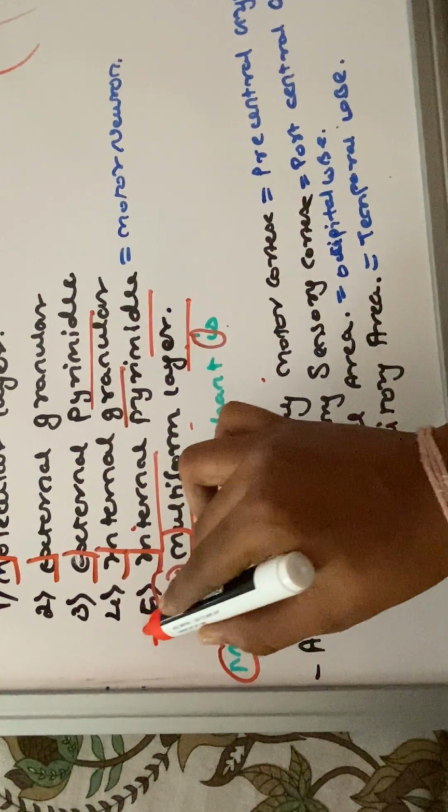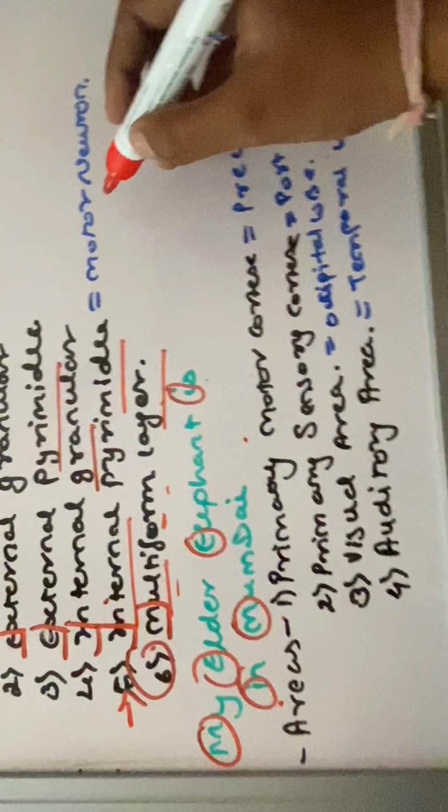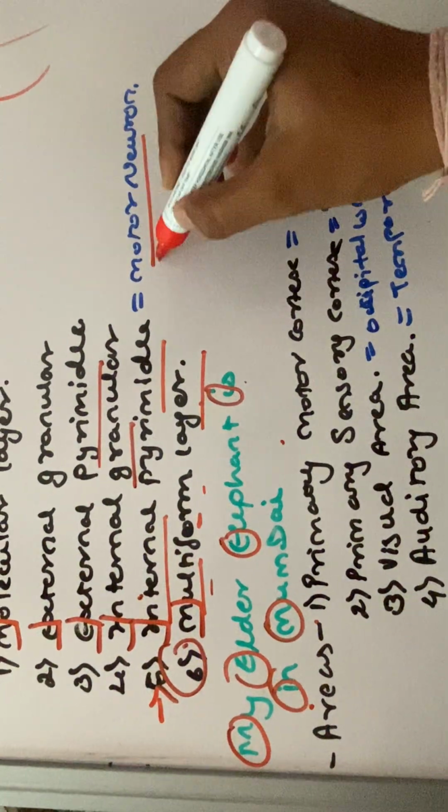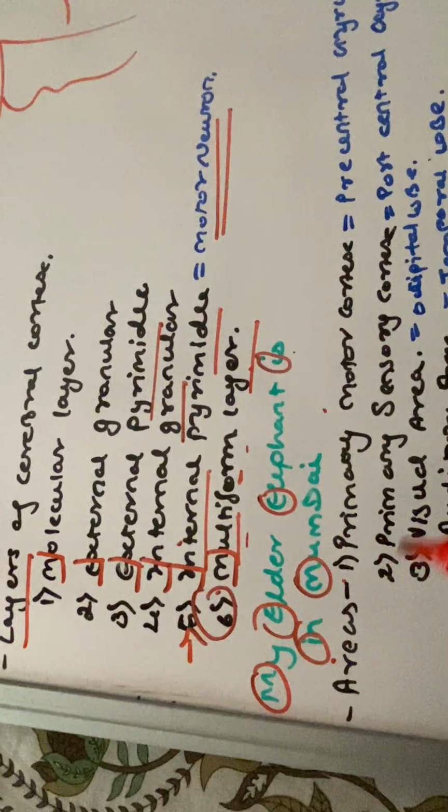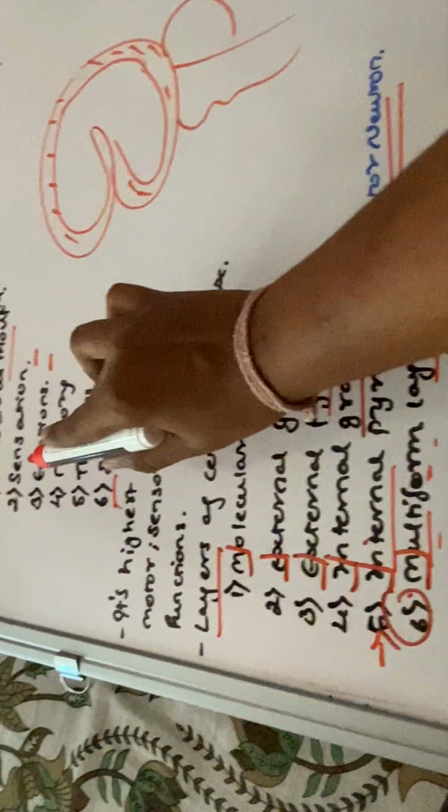Where the 5th is most important because it has motor neuron present in the 5th layer of cerebral cortex.